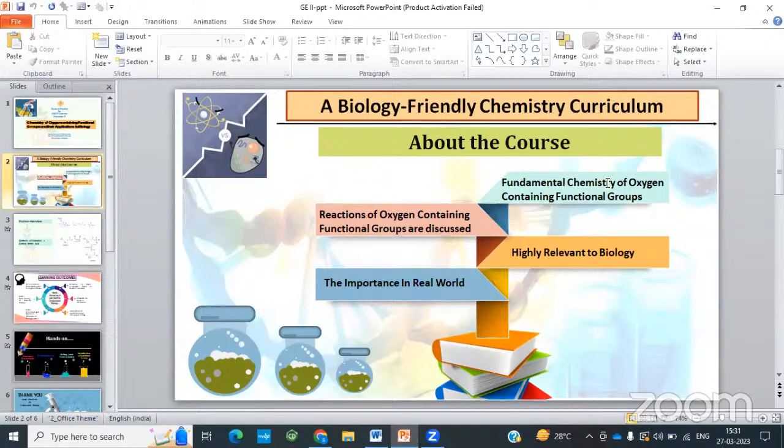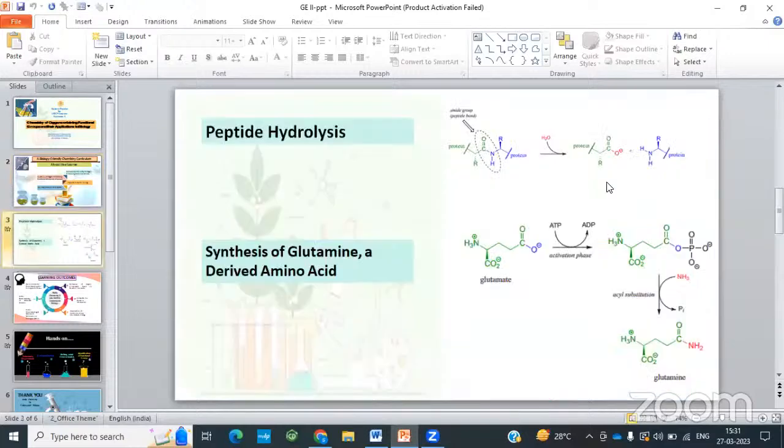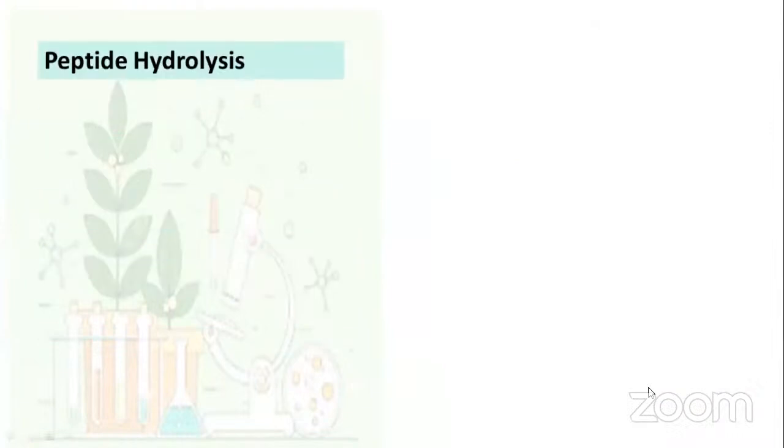Basically, I would say this GE course tells us the importance in the real world. Just to give you an example, take a very simple reaction: the food which we eat. What happens to it? It is digested.